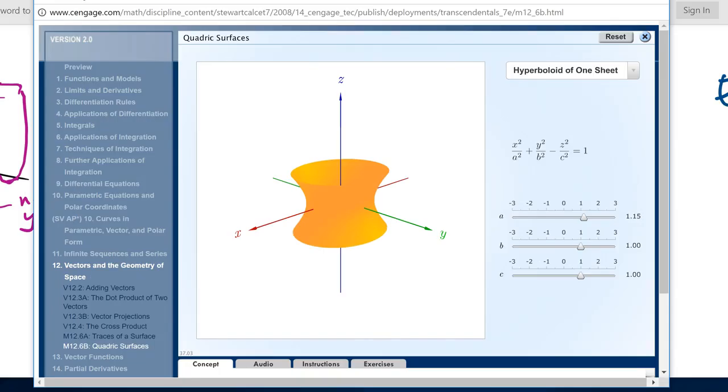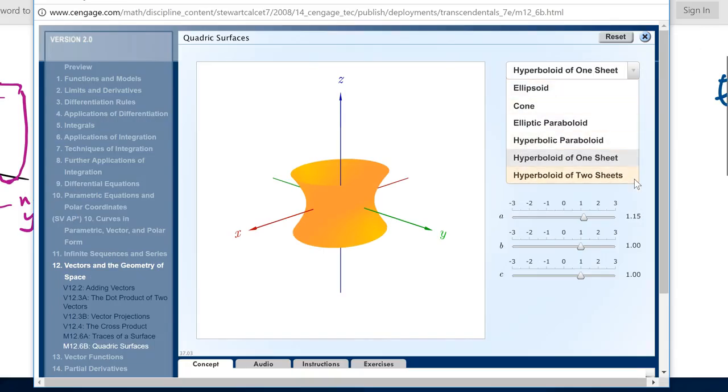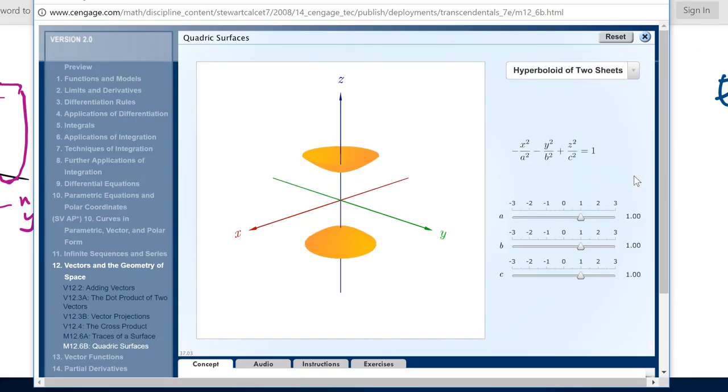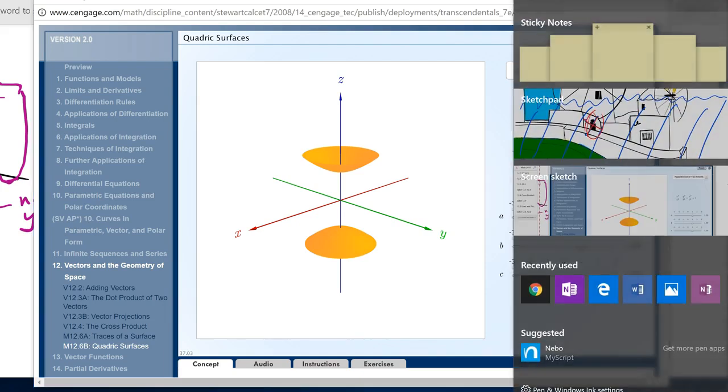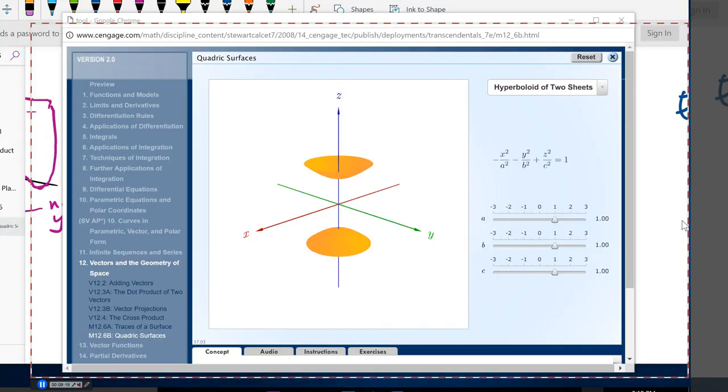A hyperboloid of two sheets will be separated like this. And this is where, if you notice, two of them are negative this time. So negative x squared minus y squared plus z squared equals 1. We'll do it for you.